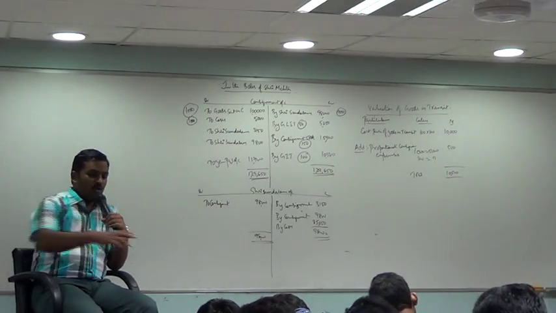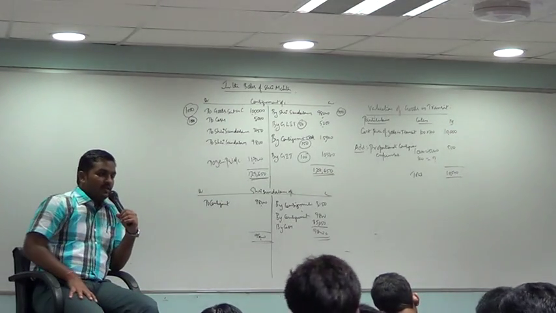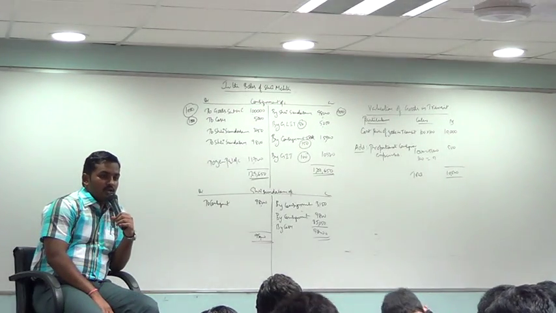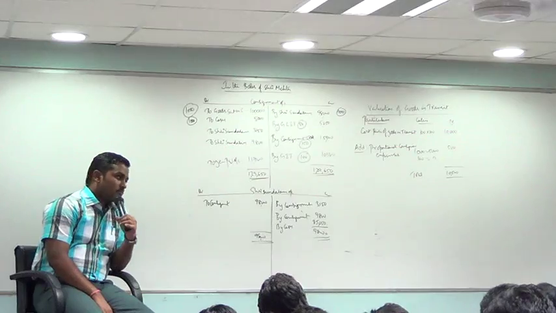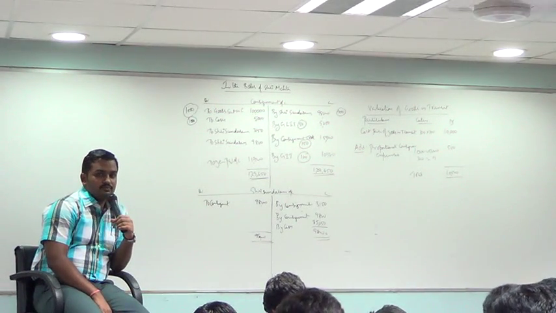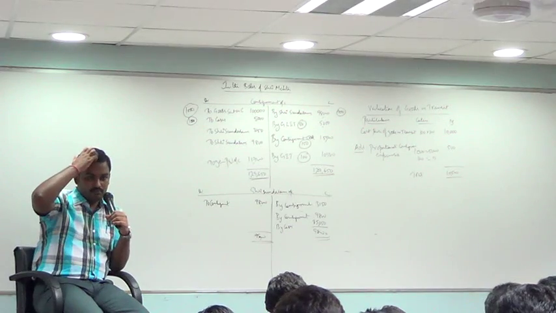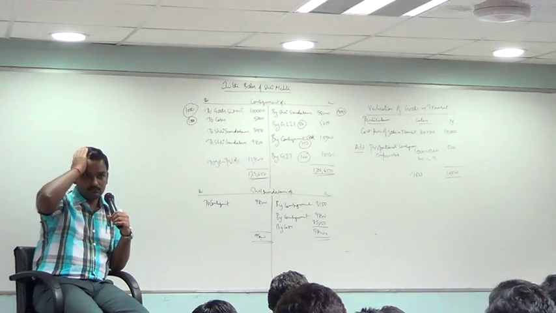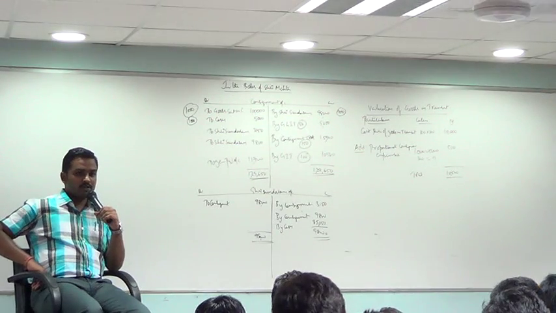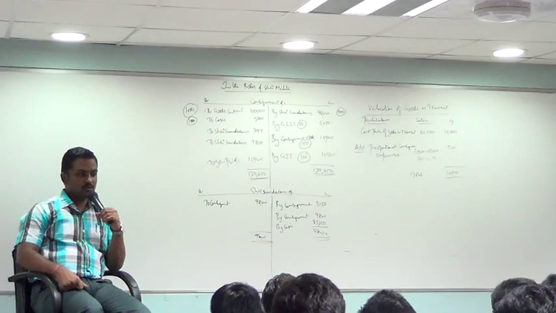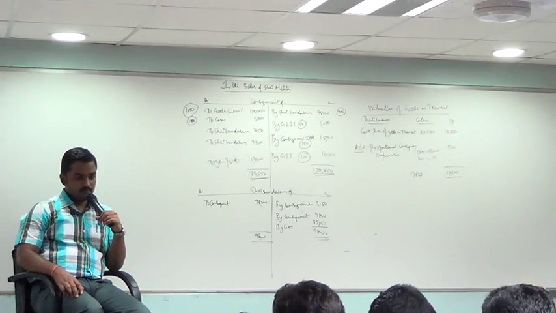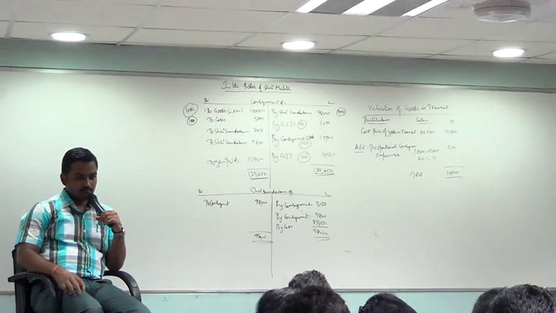When goods are sold, below that you write: commission income net of bad debts will be transferred to the profit and loss account of the consignee. Full stop.